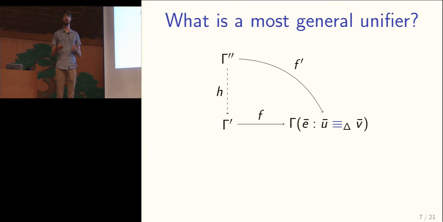So yes, it's true that we can have multiple most general unifiers, but they are all, in a sense, equivalent. And it doesn't really matter in which order these variables are because it's never shown to the user. It's just something that goes on behind the scenes. So we just take any order of the variables in gamma prime.